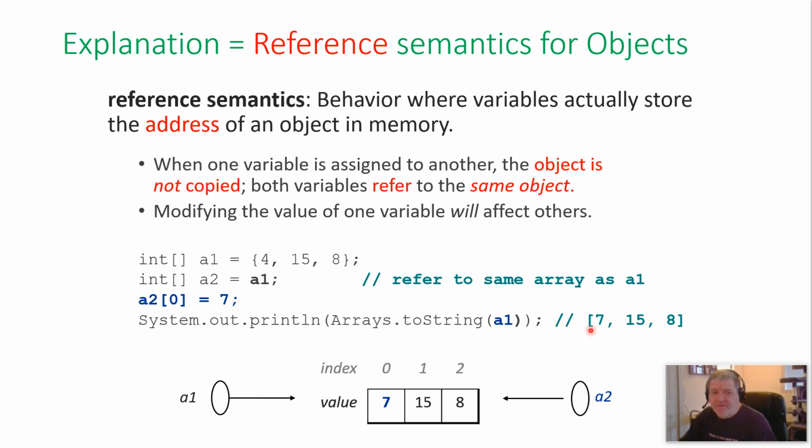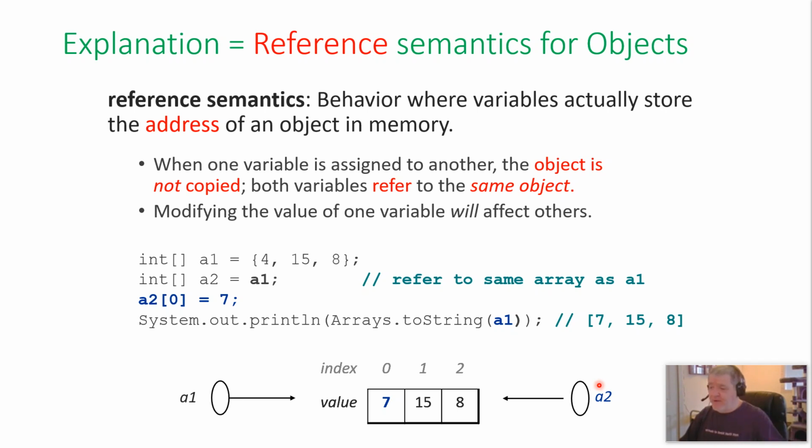That's the string returned by Arrays.toString, and it is then passed to println so that it displays on the screen. So we're going to get this displayed on the screen. And that shows us that our array that initially contained 4, 15, and 8 has indeed been modified by using the variable A2. So it's kind of having an alias, okay? A1 is a reference to that array, but A2 is also a reference to that array.